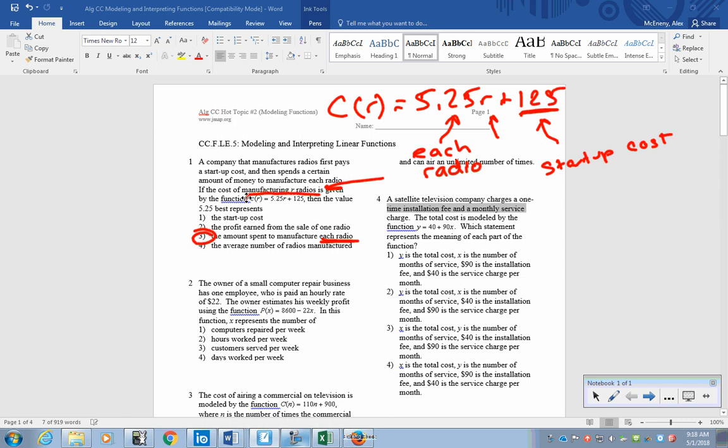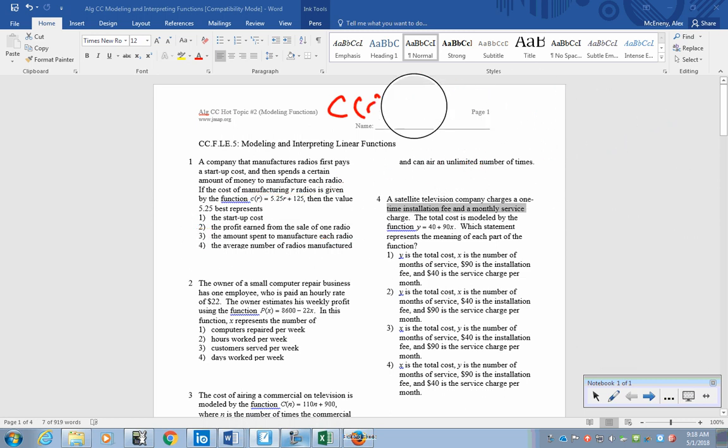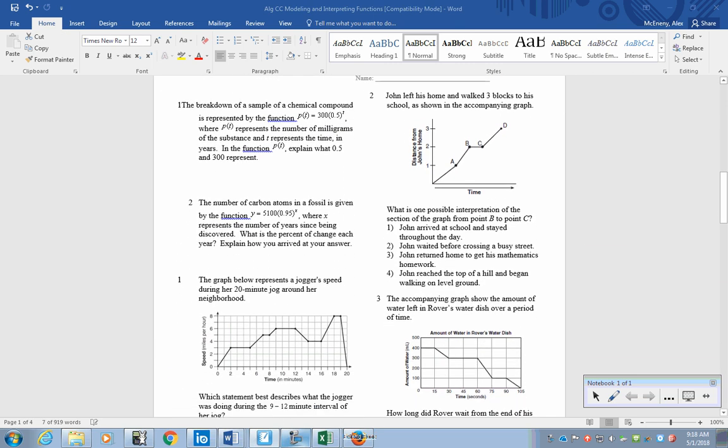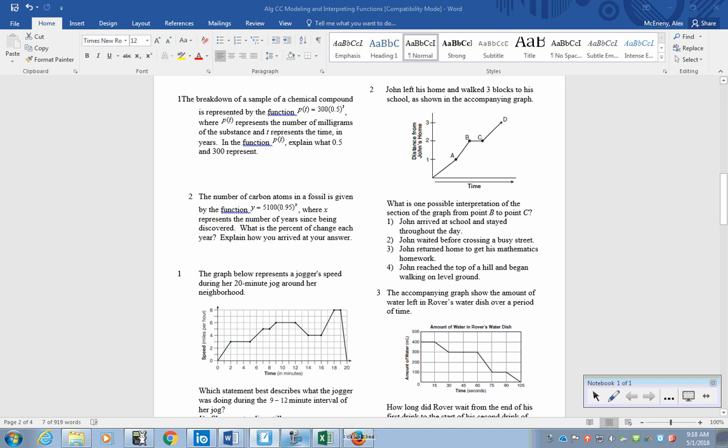Now, the other types of questions that you might see dealing with functions, on the back of the front page, you might see some exponential functions. In the case of the first one on the back of the front page, it says the breakdown of a sample of a chemical compound is represented by the function.